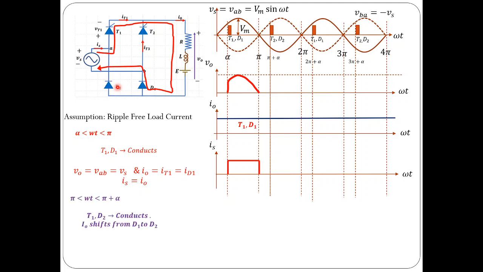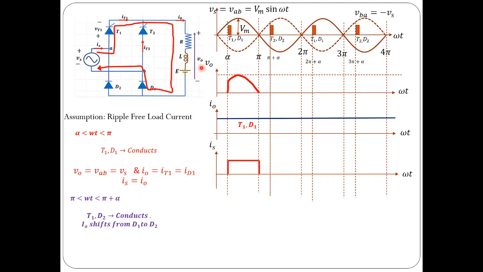Now what happens from omega t ranging from pi to pi plus alpha? You can see at pi the voltage across the load will try to become negative, and thyristor 1 is already forward biased, so it is already conducting at that particular moment. The voltage across diode 2 is going to be positive, it is going to be forward biased.